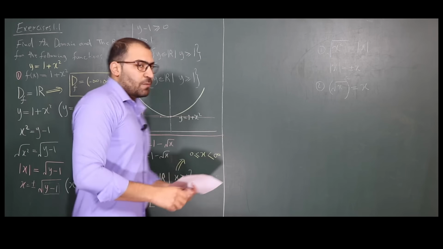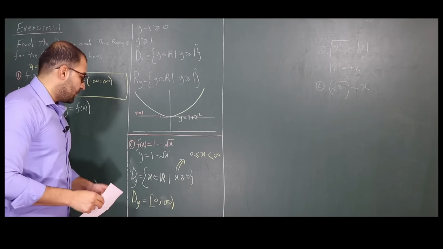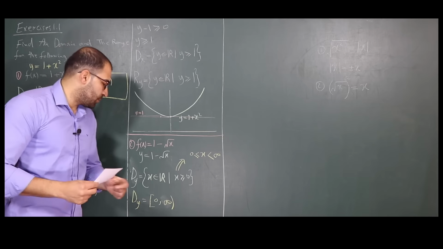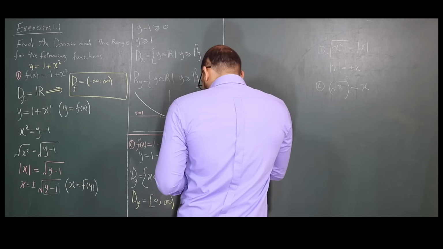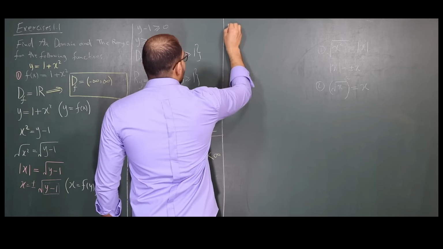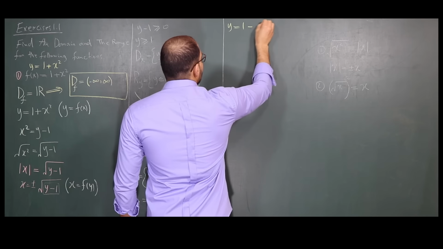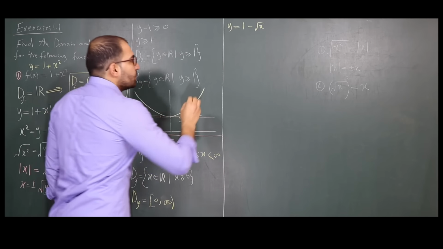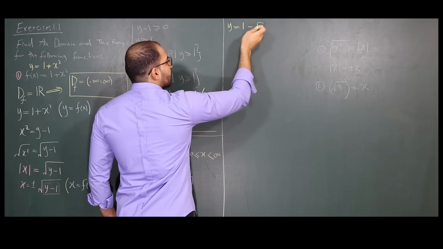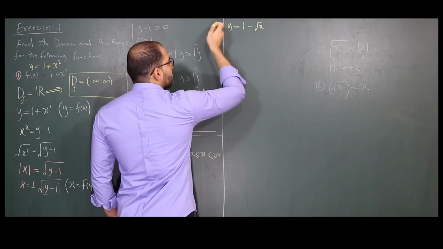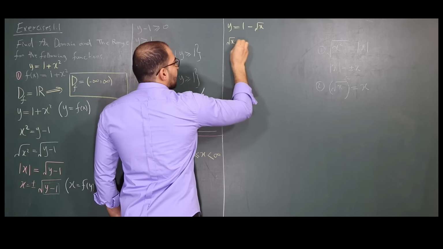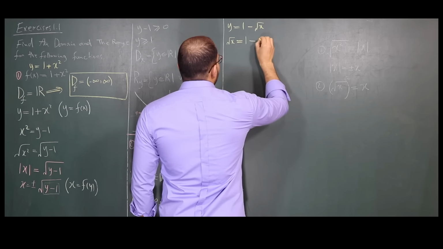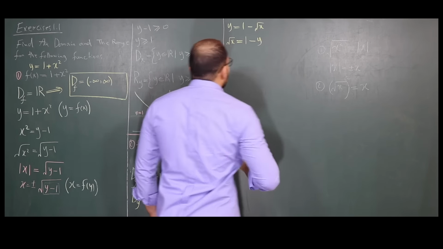So now, the next step, I want to find the range of this function. To find the range, as we studied, for this function, which is y equal to 1 minus the square root of x, I need to change the formation. So I'm going to move the square root of x to this side, and it will change its sign, and I will keep 1 minus y here.